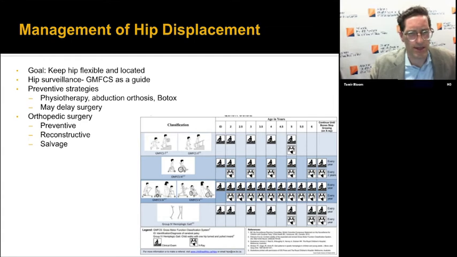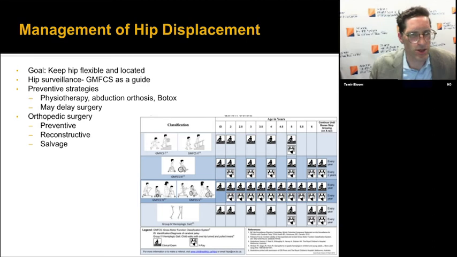And if we start to see that the hips are coming out of the socket, then we perform surgery to keep them back in. Unfortunately, preventative strategies such as therapy, abduction orthoses and Botox may delay surgery, but they rarely prevent progressive hip dislocation in this population. Again, we want to be doing preventive and reconstructive surgeries rather than salvage surgeries, which have a higher rate of complication and poorer outcomes.